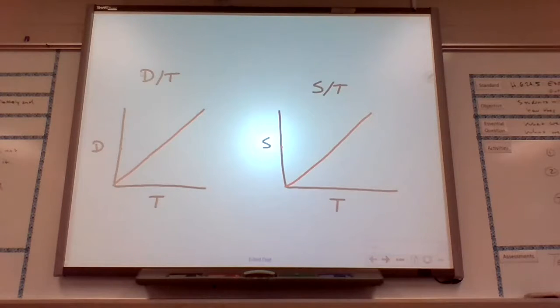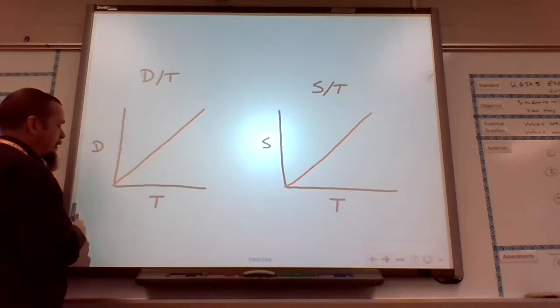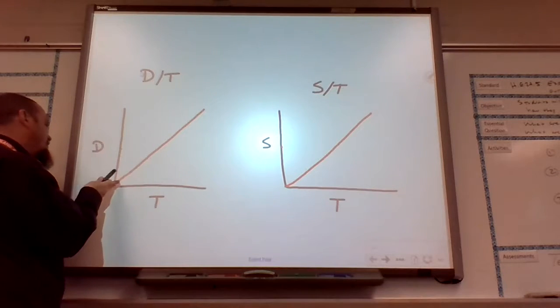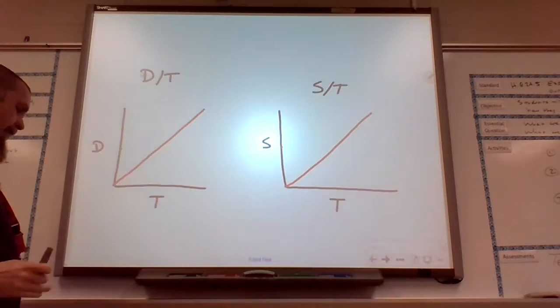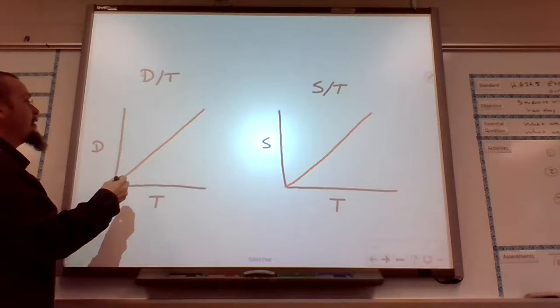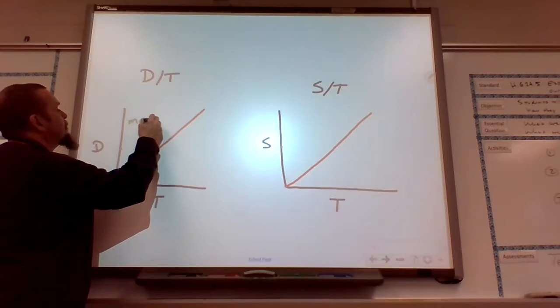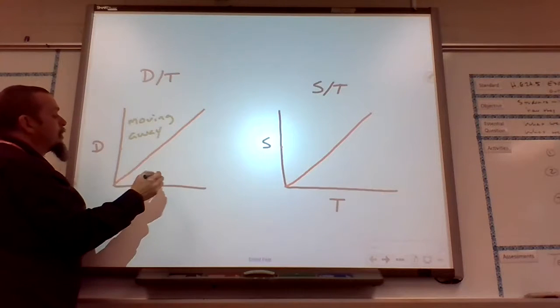Something has a constant increase to it. And again, it's what's on this axis that's going to determine what's going on here. So our distance is increasing in a linear fashion. It's moving away at a constant rate. Another way of saying that is that it's moving away with a constant speed.